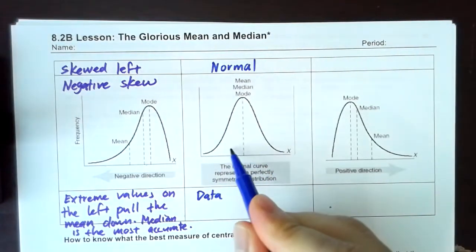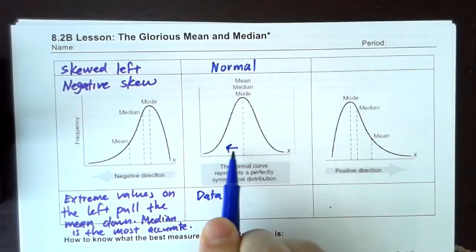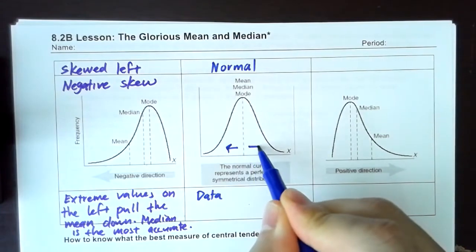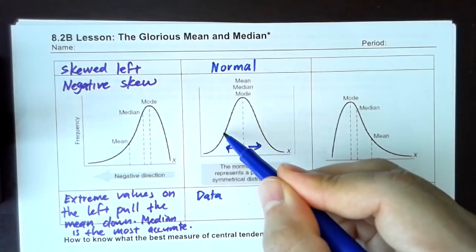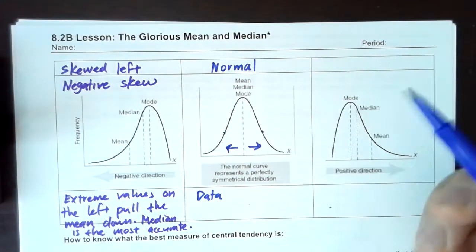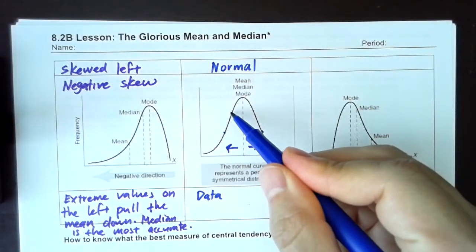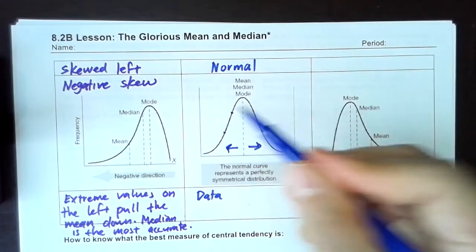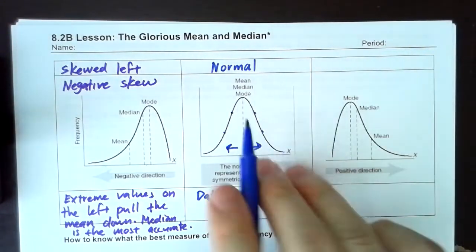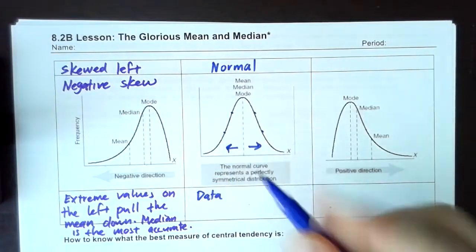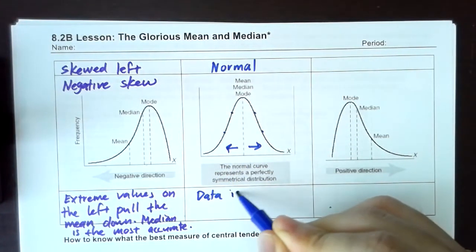There's 50% of the data on the left of the median, 50% of the data on the right of the median. And with the same amount of low scores, there are high scores. The same amount of decently low or pretty good low scores, there's also pretty good high scores. There's just an even amount, and that's why the data is symmetrical.